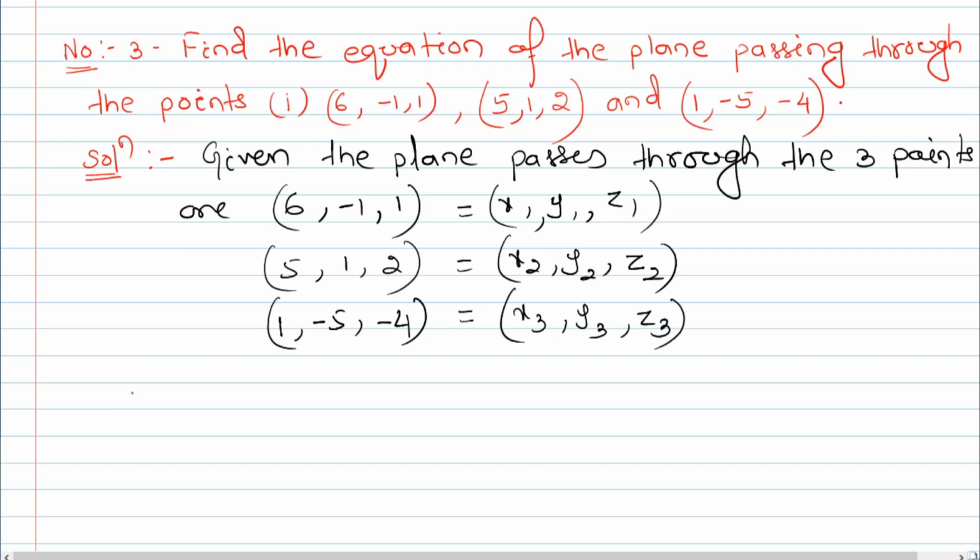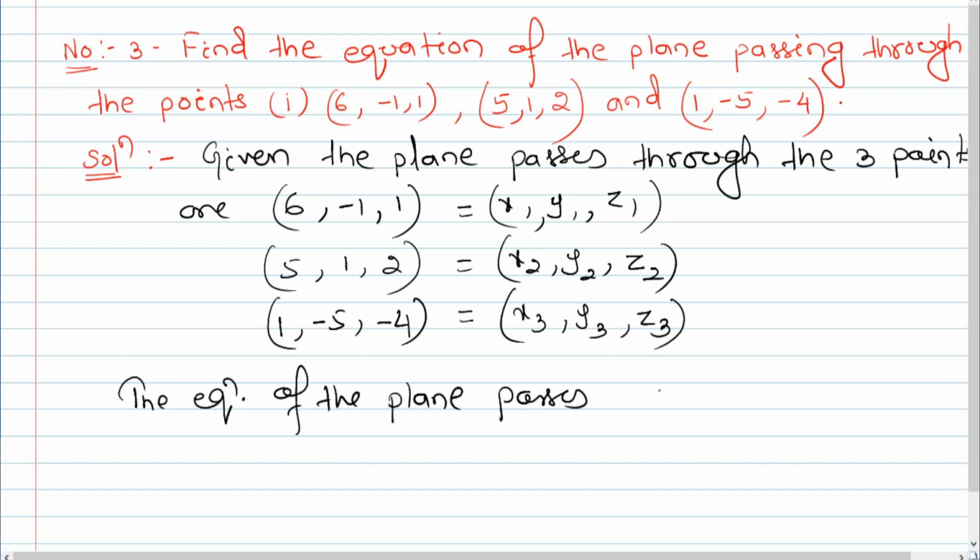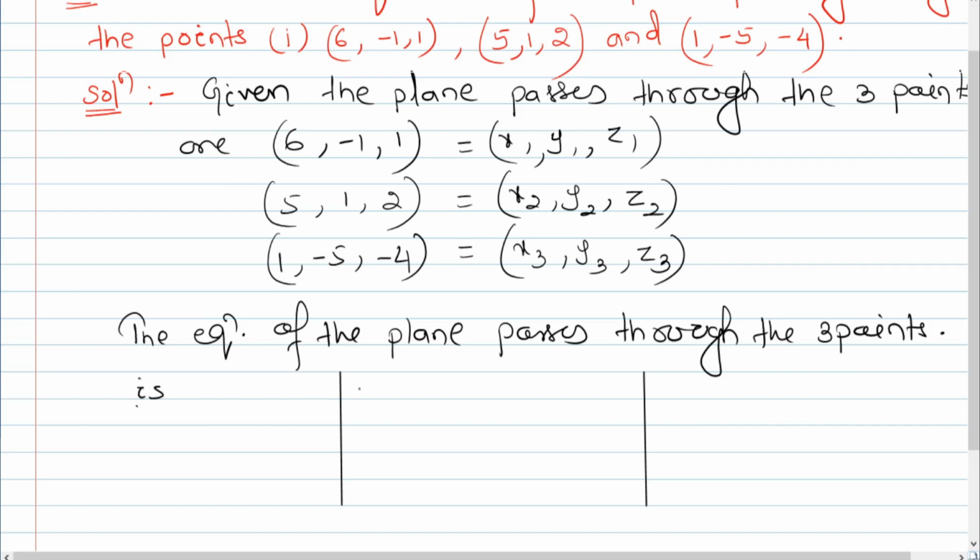Now the equation of the plane you can write here. The equation of the plane passes through the 3 points is, that is in the determinant style. All of you know that first row is x minus x1, y minus y1 and z minus z1.